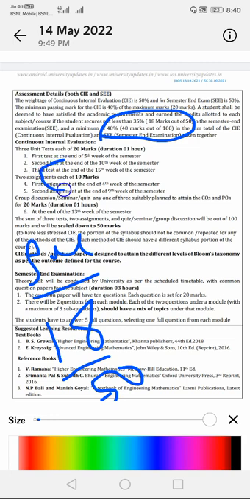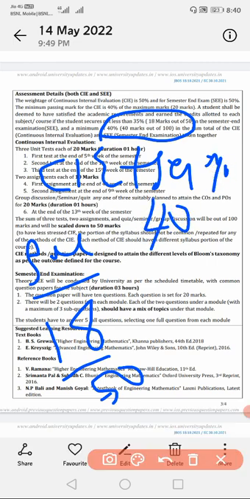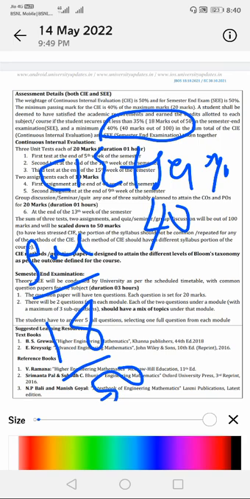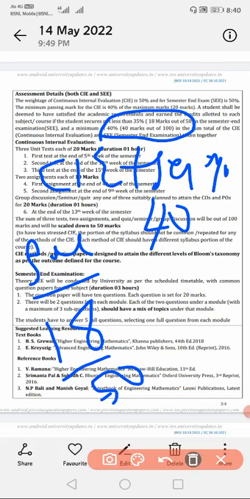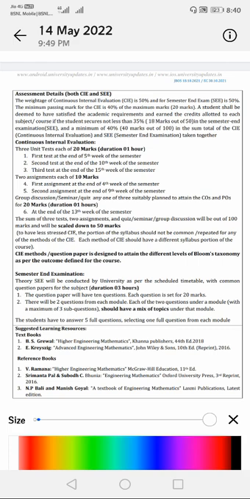If I add CIE plus SEE, totally you should get 40% of the marks. 40% of the marks you should have, right? So here, now look at here. 40% out of 100 you should get by considering CIE as well as SEE.